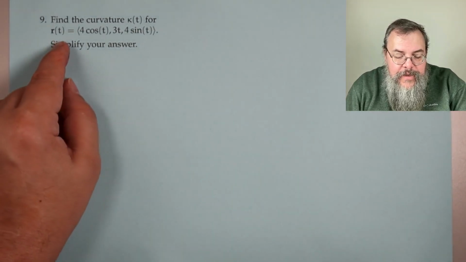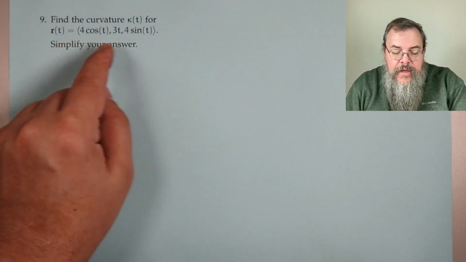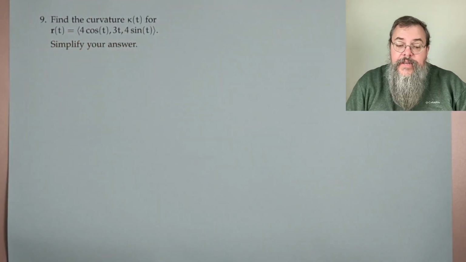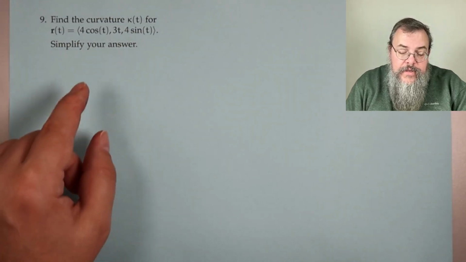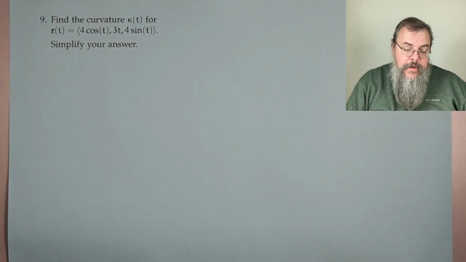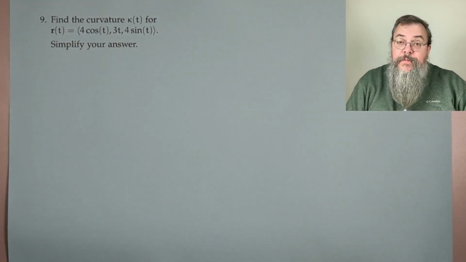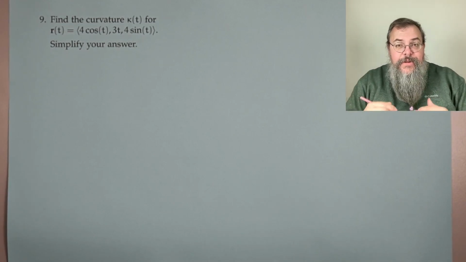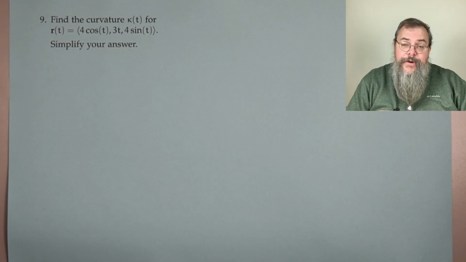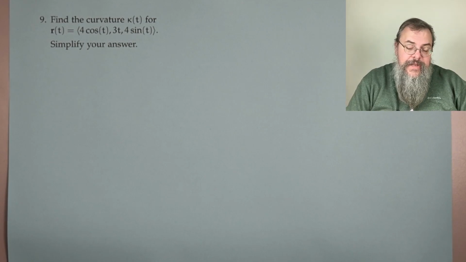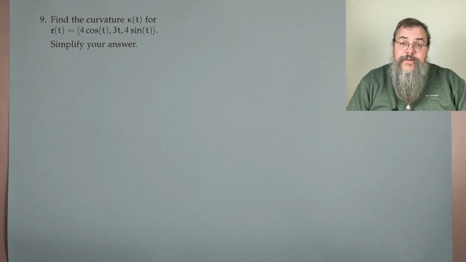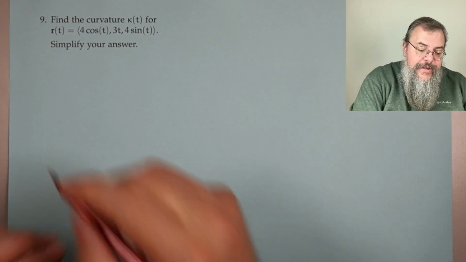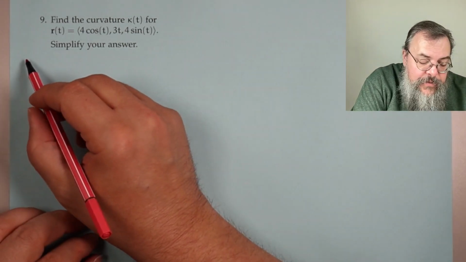And our curve is 4 cosine t, 3t, 4 sine t. And we're told, simplify your answer. Well, probably that means things will be simple. Okay, so let's quickly recap our plan. How do we find curvature? Now, when you're finding curvature in general, the best plan is the following.